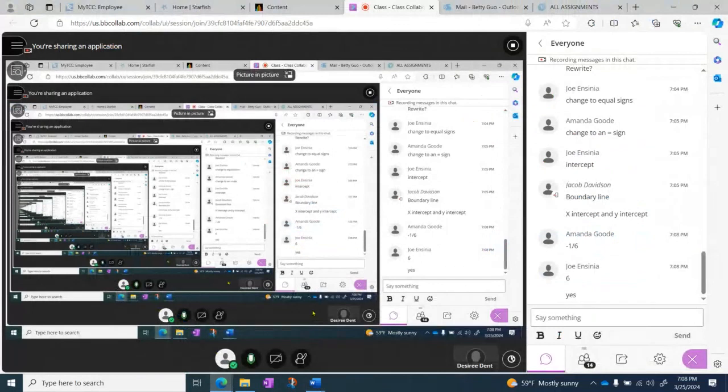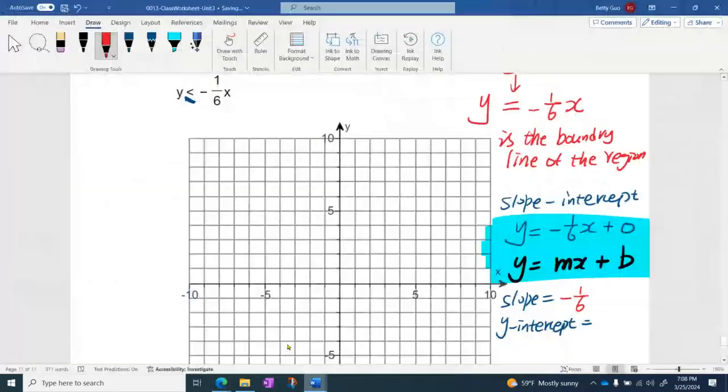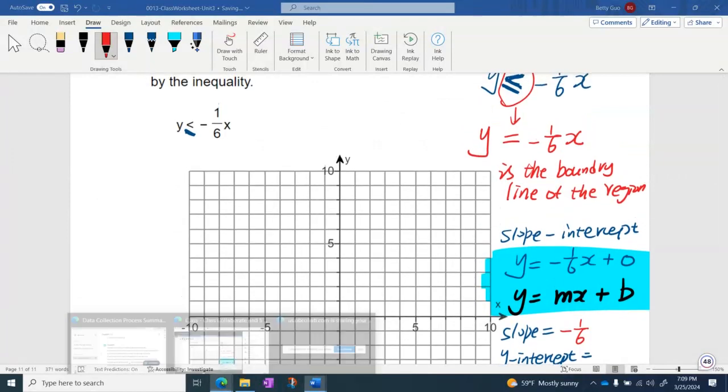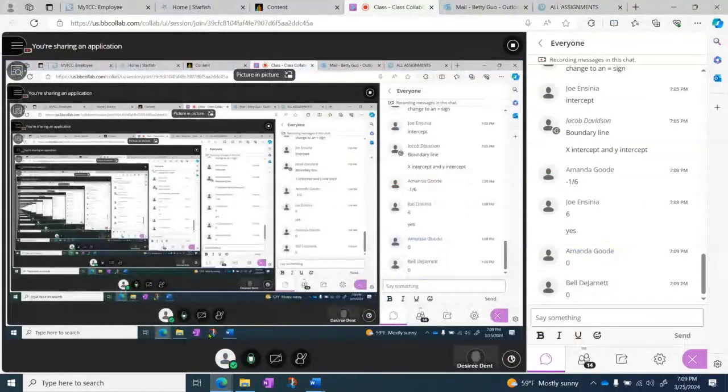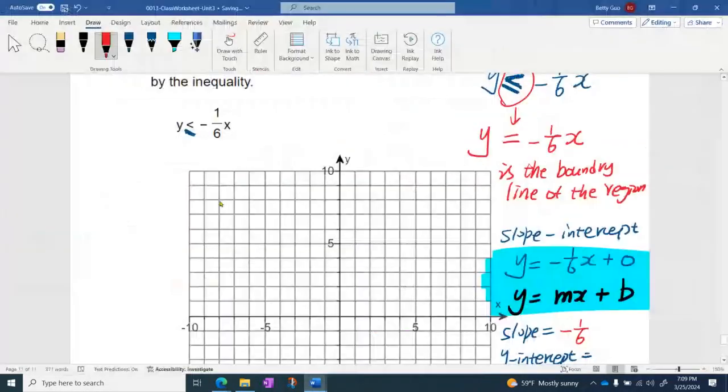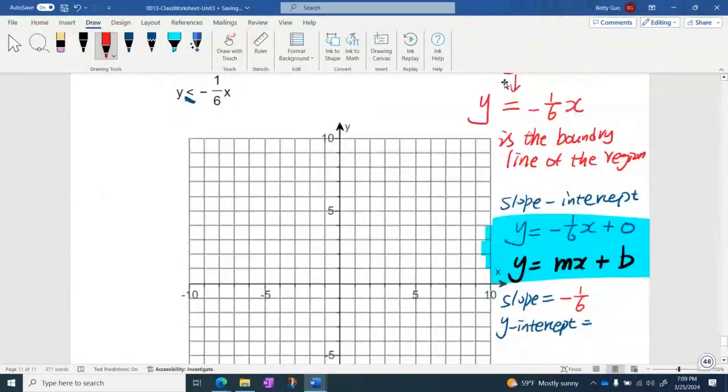And what's the y-intercept? Guys, you need to find the y-intercept for me. What's the value of b? Yeah, exactly. Thank you, Amanda. Thank you, Bell. The y-intercept is (0, 0).